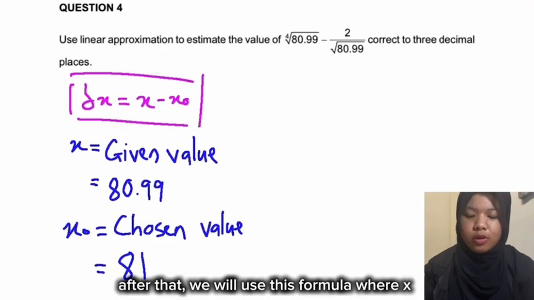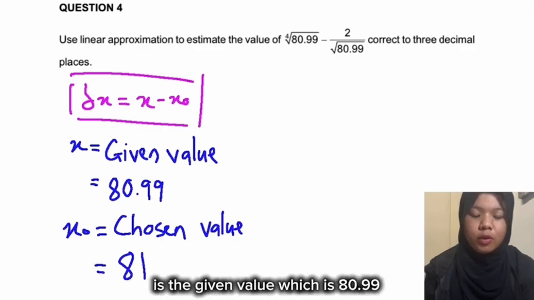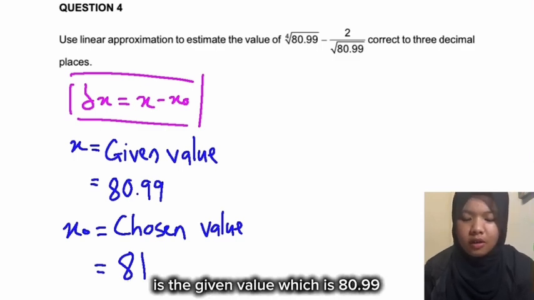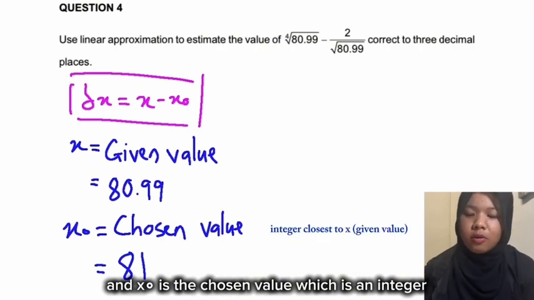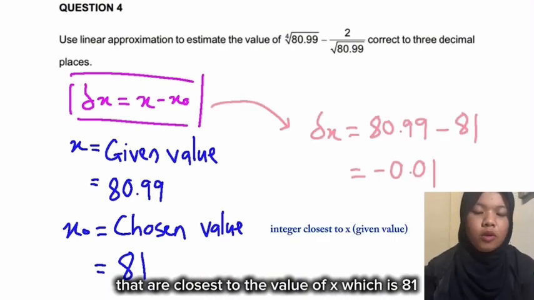After that, we will use this formula where x is the given value, which is 80.99, and x naught is the chosen value, which is the integer closest to the value of x, which is 81.